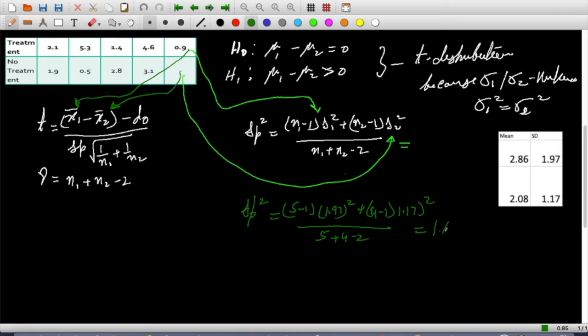this is 1.63. SP is known. The square root of SP squared is SP.